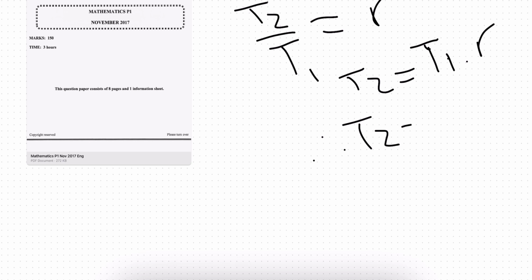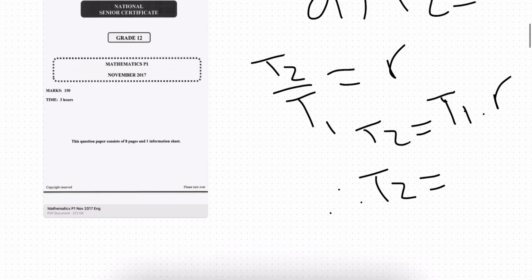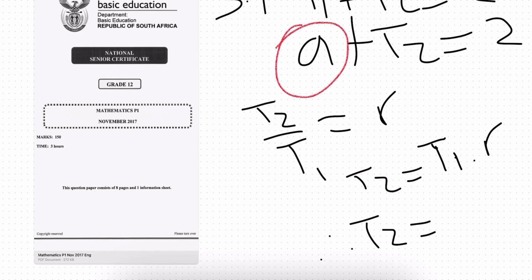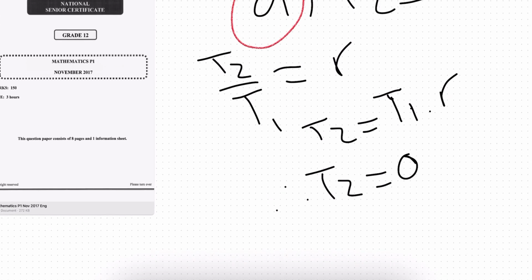Therefore, instead of placing t1, you just plug in this guy over here. So it will literally be a times r. So that's your t2.